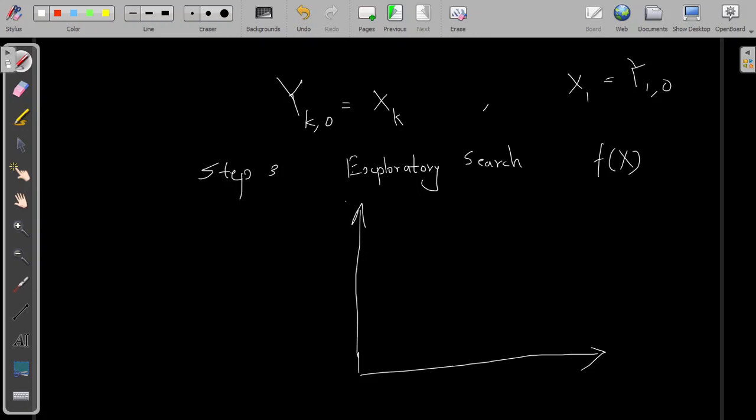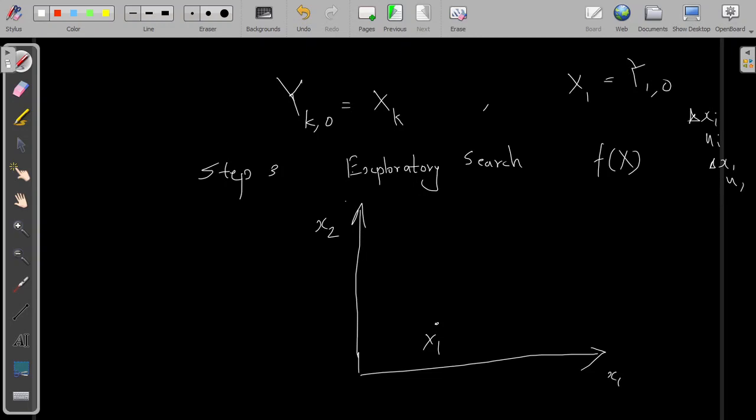Okay, this is x1, x2. So what we are doing, we have a starting point, initial point, base point x1, and remember this x1 is a vector, small x1 and small x2. In the exploratory search, we have defined delta xi and ui. In this case we have delta x1 and u1 direction.